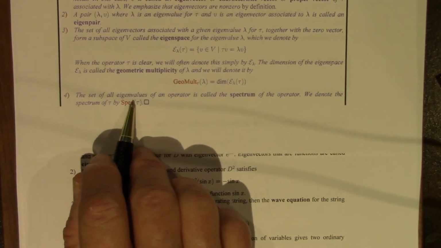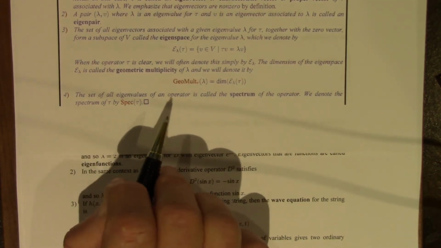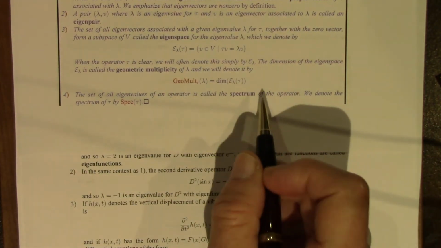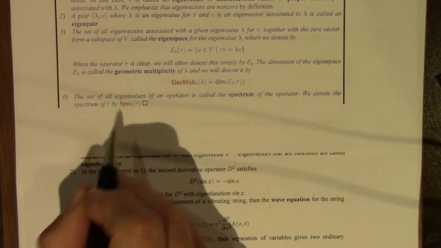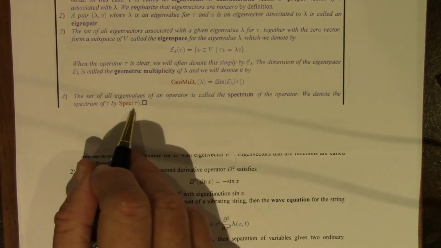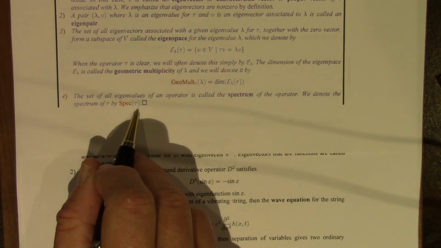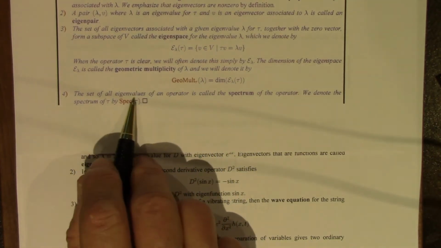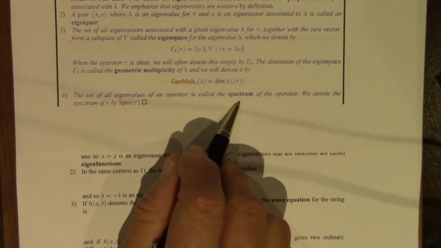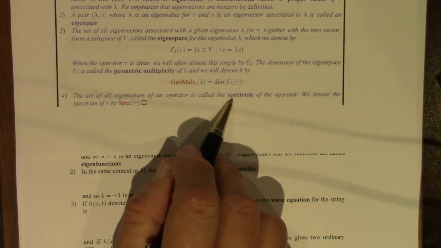The set of all eigenvalues of an operator, tau, is called the spectrum of the operator. And I'll denote that by SPEC of tau. Keep in mind that there's no mention of multiplicity, either geometric or algebraic, in the spectrum.